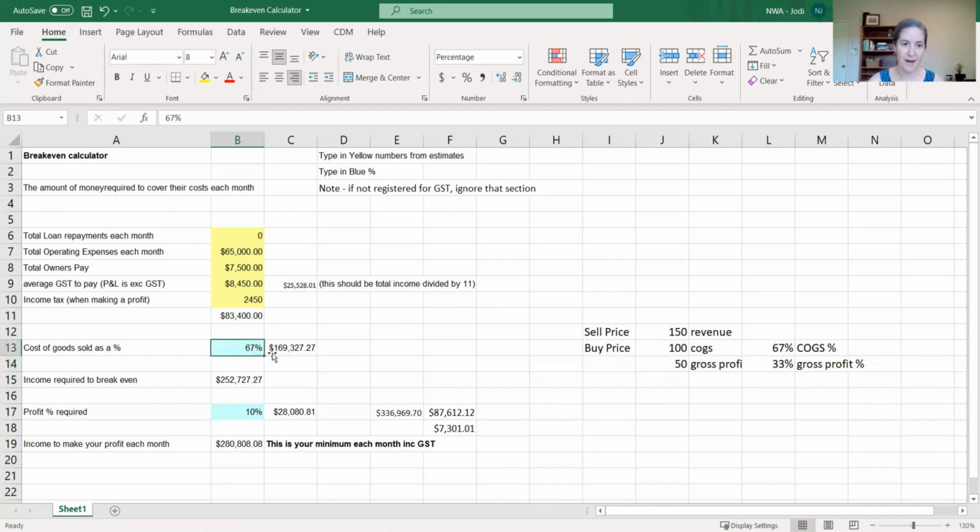So let's give that a go. If it's 35% cost of goods sold, you're spending another $44,000 a month on top of the $83,000 to run the business. Now, remembering every time I play with these numbers, everything changes. So tax changes. So I need to put that figure up.